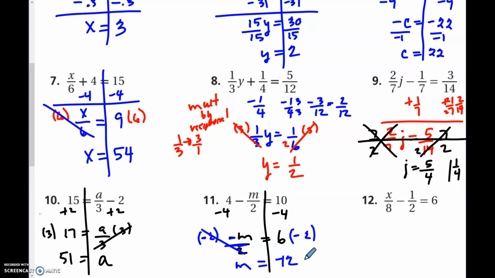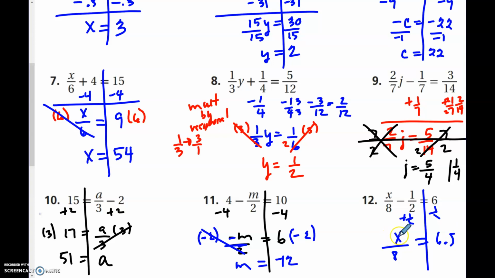All right, the last problem, because that says -1/2, we have to add 1/2. So I have x divided by 8, and I added 1/2, so 6 plus 1/2 is 6.5.